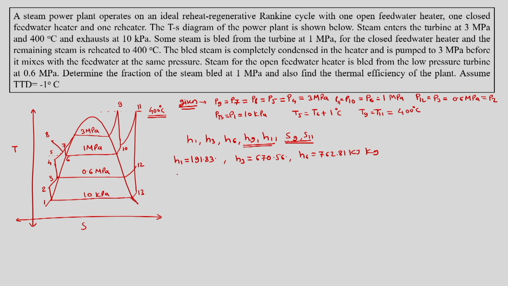Then we have H9 as 3230.9 kilojoule per kg, and H11 as 3263.9 kilojoule per kg.